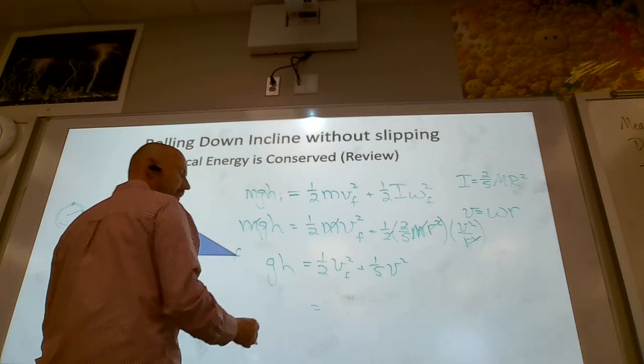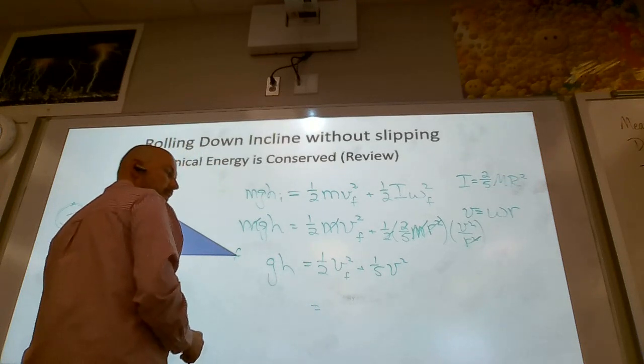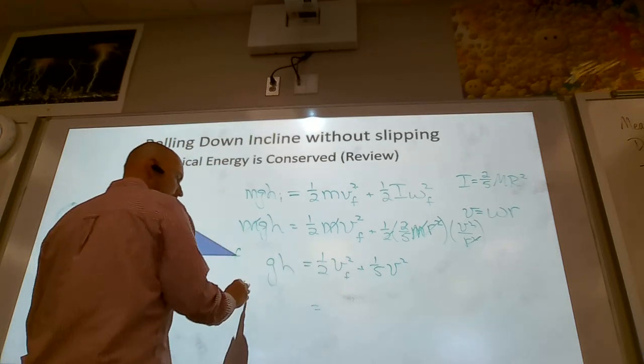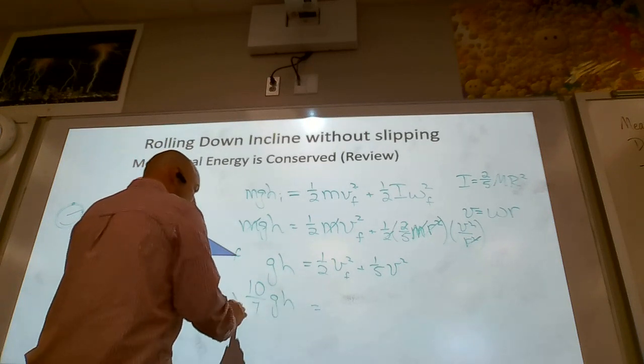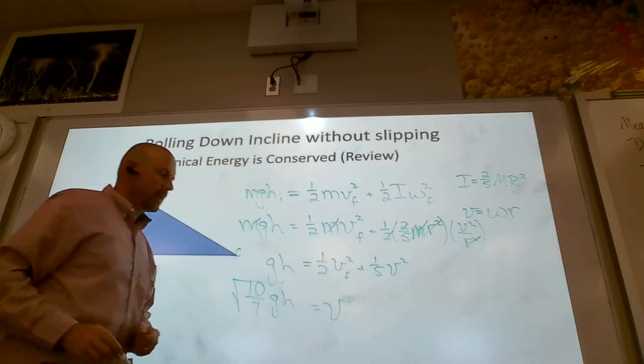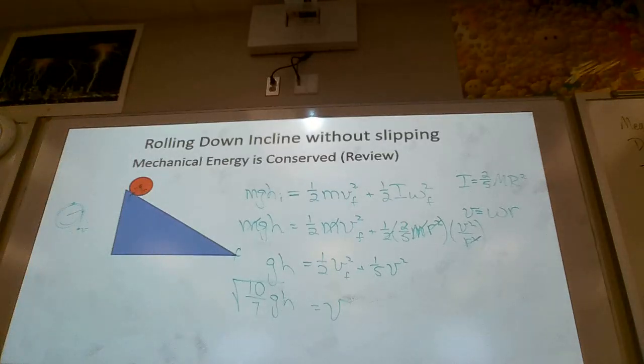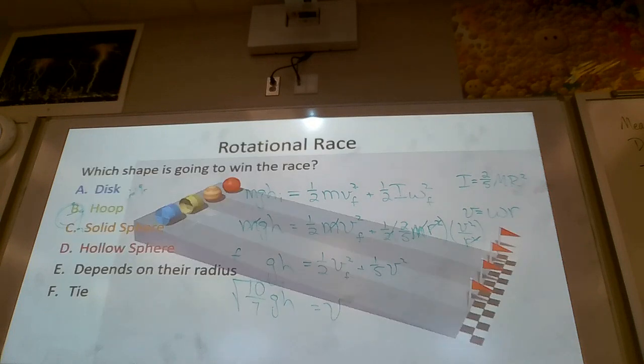So that becomes 7/10 v squared equals gh, so the speed equals the square root of 10/7 gh. Okay with that? It's a lot of algebra. Trust me. Good? Okay.